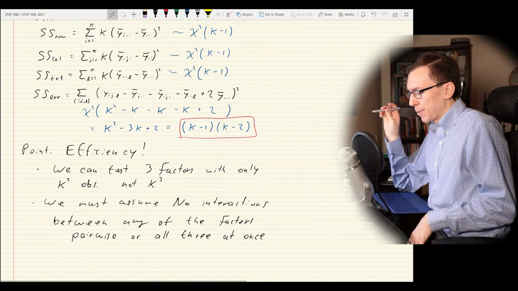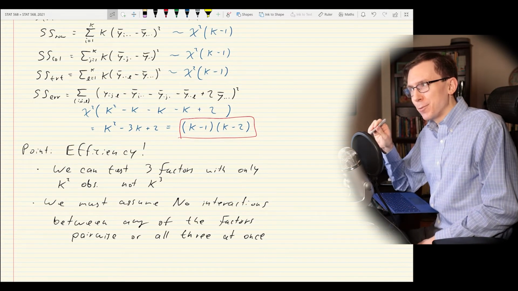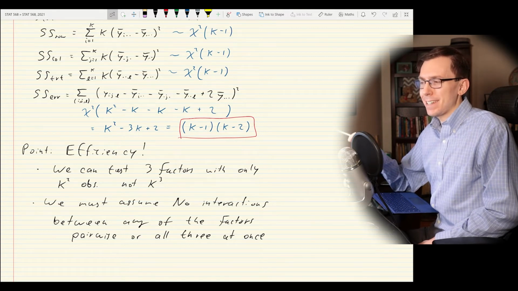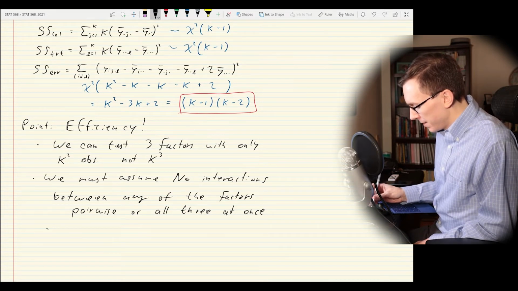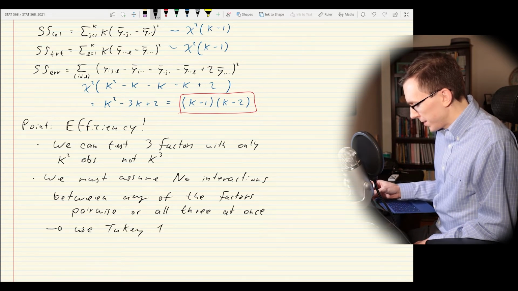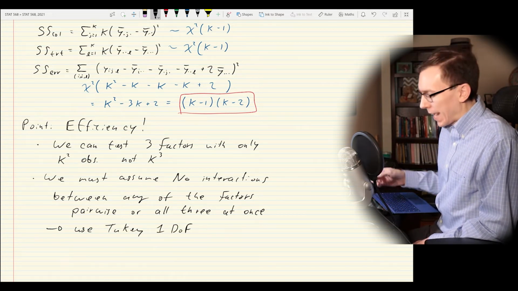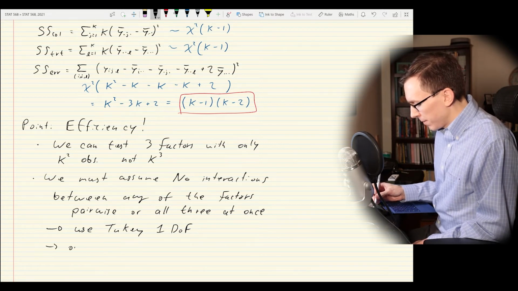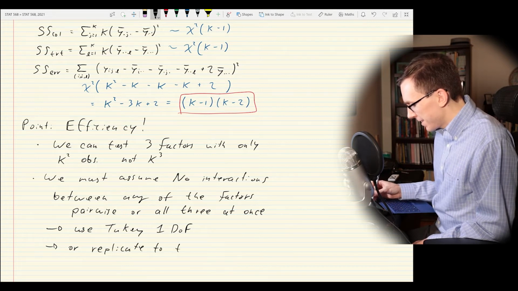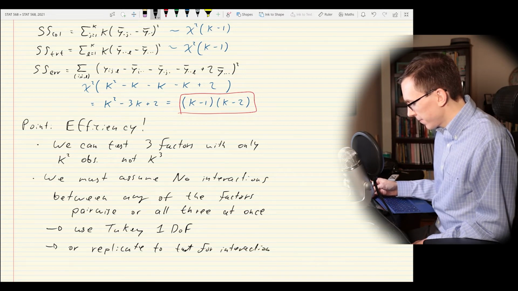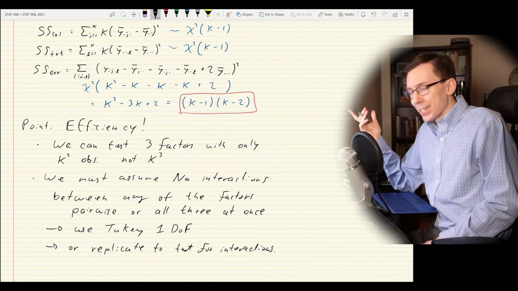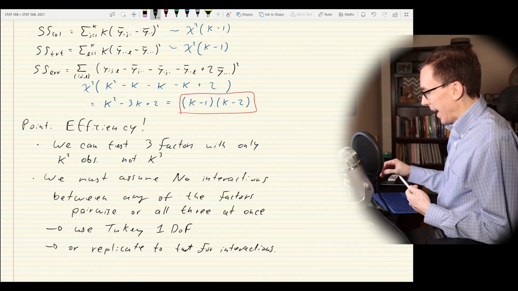But it is something to remember that if there are interactions, they will affect the significance tests that you do. So again, we can use Tukey 1 degree of freedom if you want to look for an interaction, or replicate to test for interactions. Right, so those are the 2 different things you can do going forward if you have this.